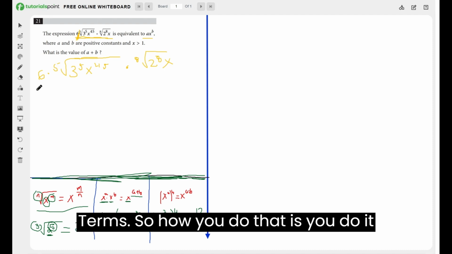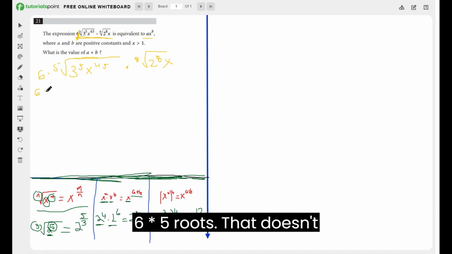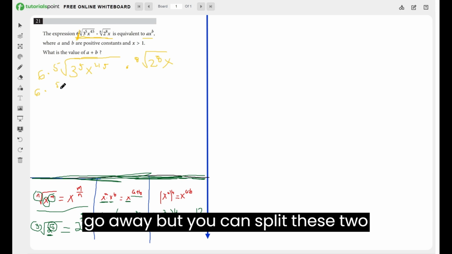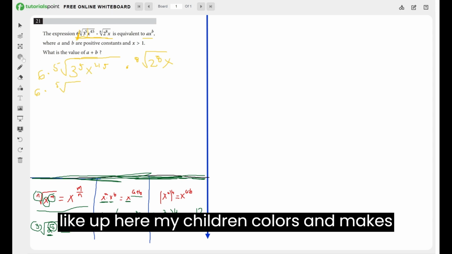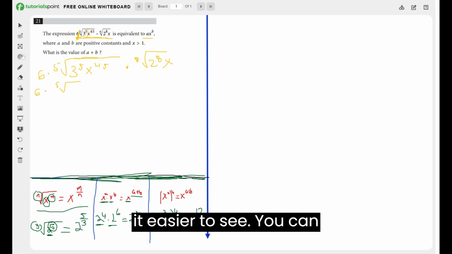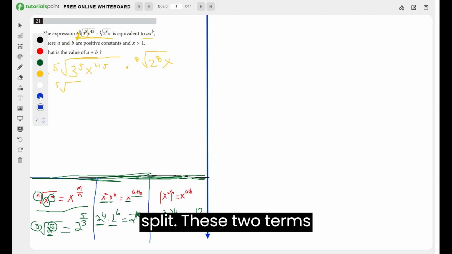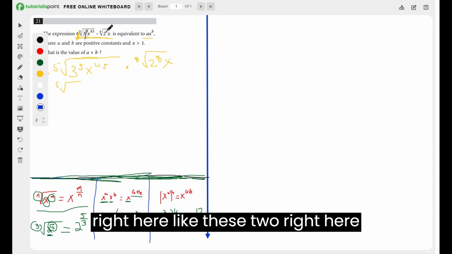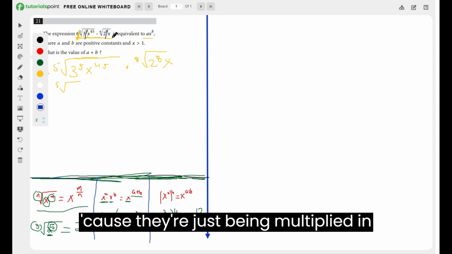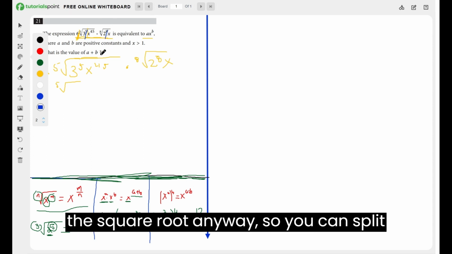How you do that is you do 6 times the 5th root, because that doesn't go away. But you can split these two terms, I'm going to change my color so it makes it easier to see, because they're just being multiplied inside the root anyway, so you can split them up.